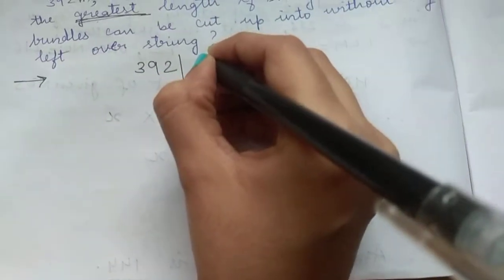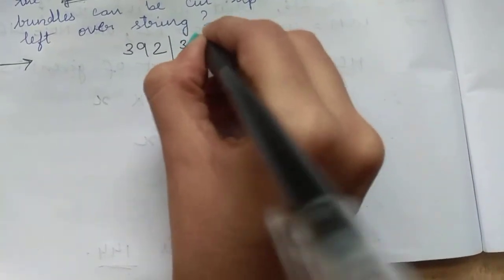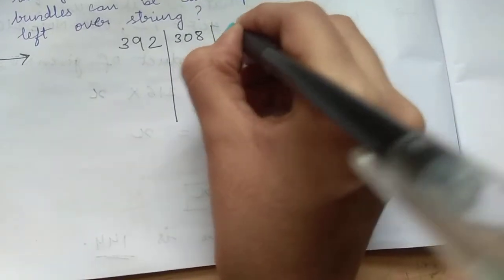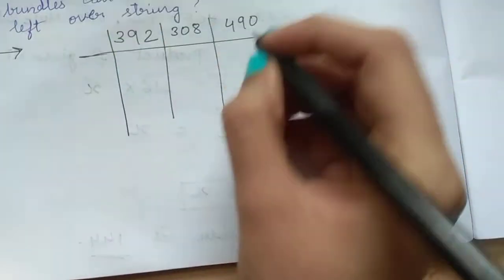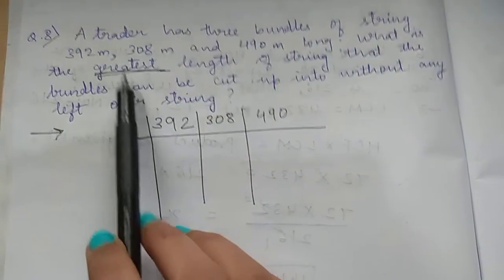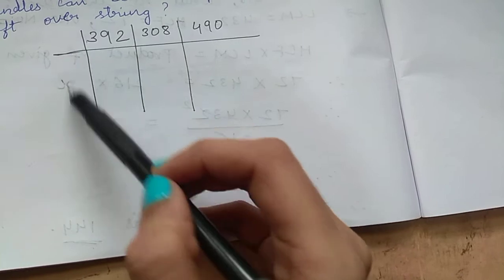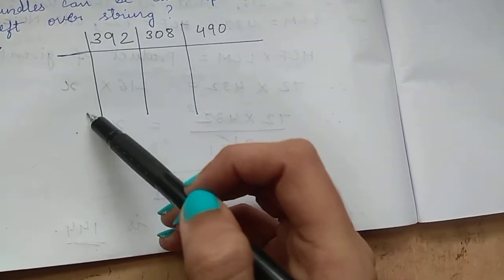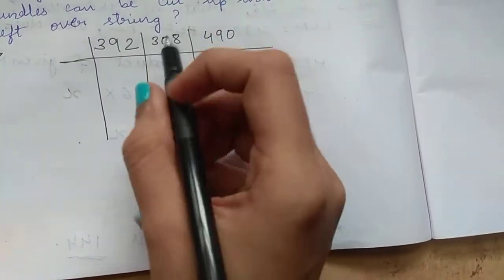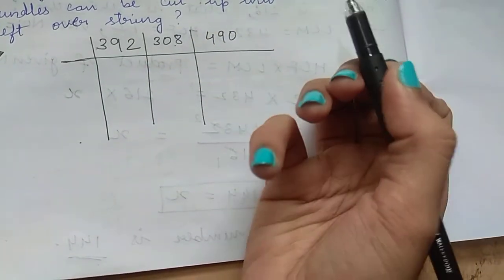392, 308, 490. Now all these 3 numbers, now for HCF we have to use prime factorization. All numbers should be prime on this side. Okay. So for HCF, all these 3 numbers are divisible by 2.